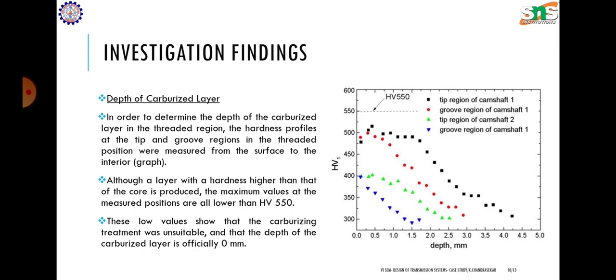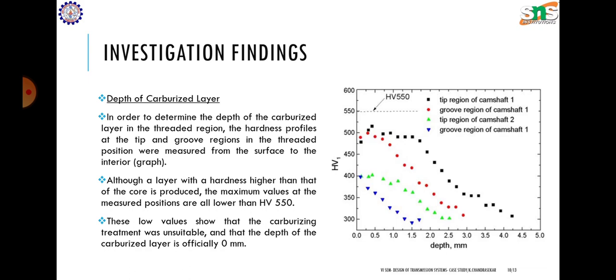In order to determine the depth of the carburized layer in the threaded region, the hardness profiles at the tip and groove regions in the threaded positions were measured from the surface to the interior, as shown in the graph.